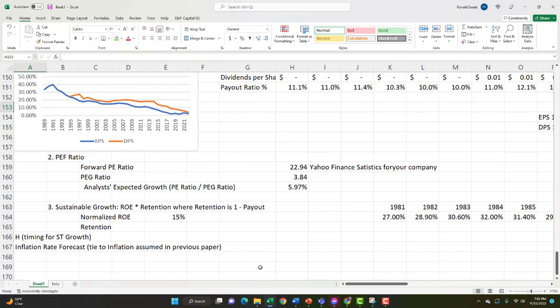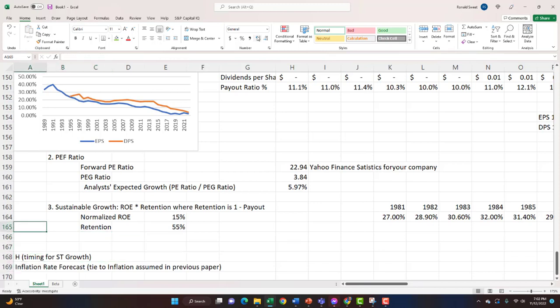So retention is 1 minus the payout, 1 minus 0.45. That means they pay out 45% of their earnings and retain 55% of their earnings. And so your sustainable growth is just those two multiplied by each other. And that gives you the highest number.